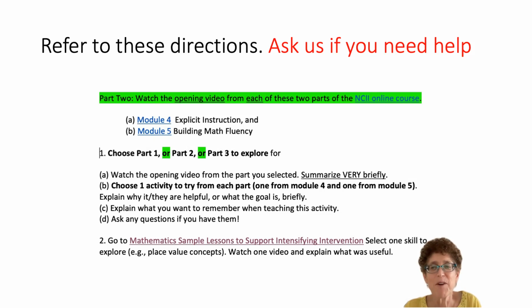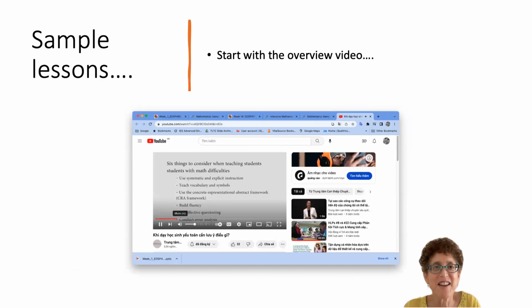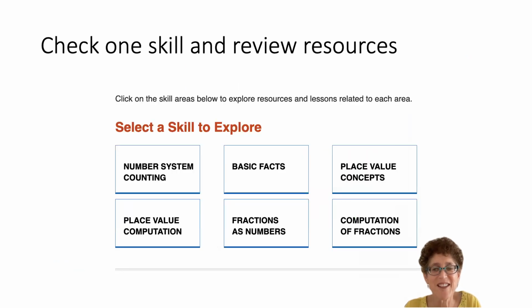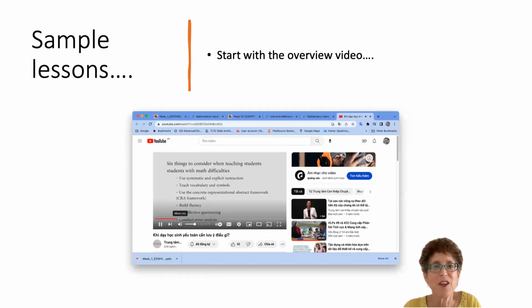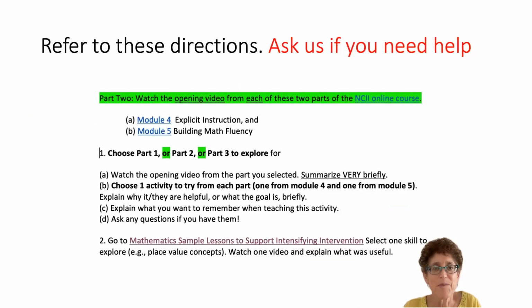Sorry about that. But you're going to select one skill like place value concepts. Those are the skills. Select one skill on those sample lessons, and just watch one video and explain what was useful. Okay, so that's the overview.